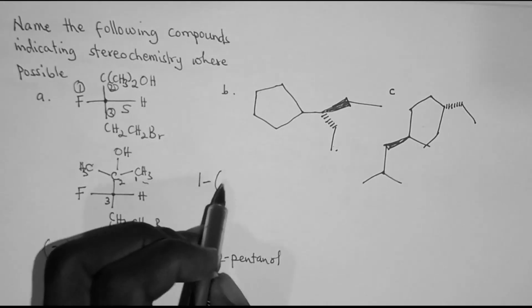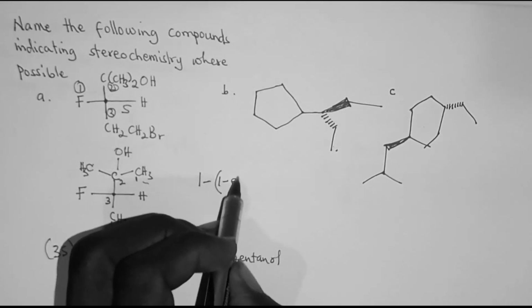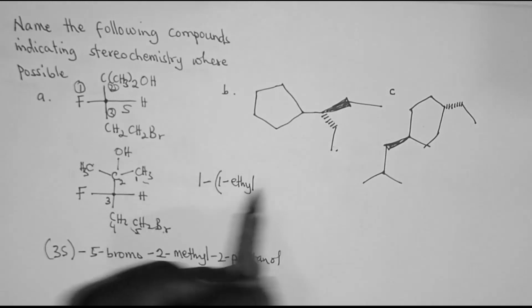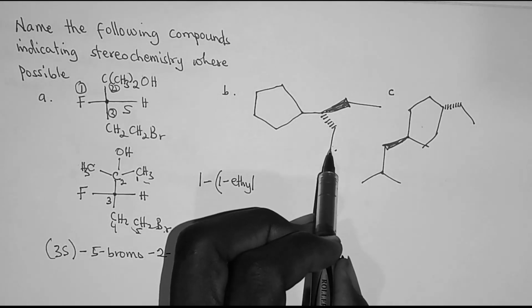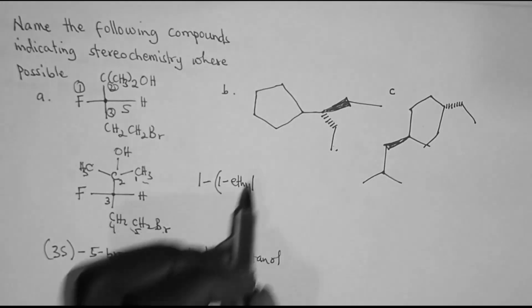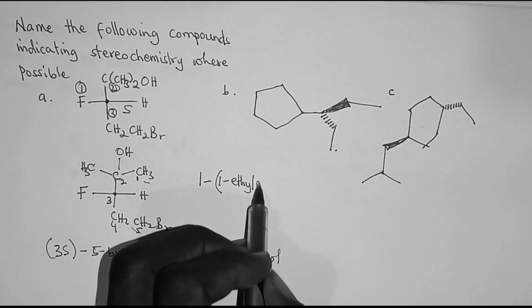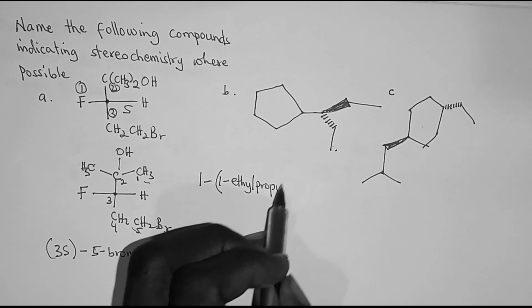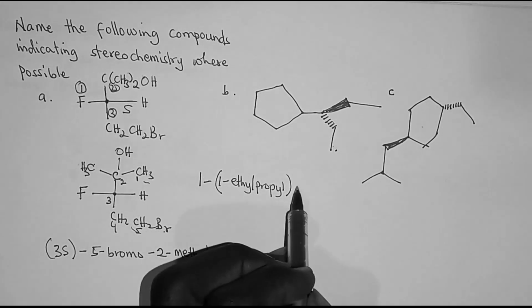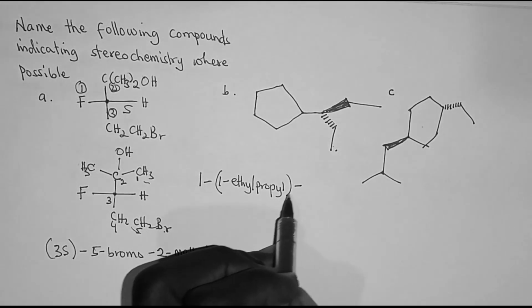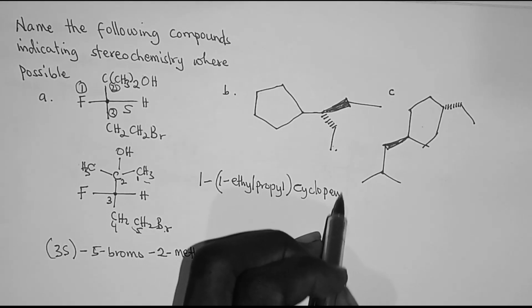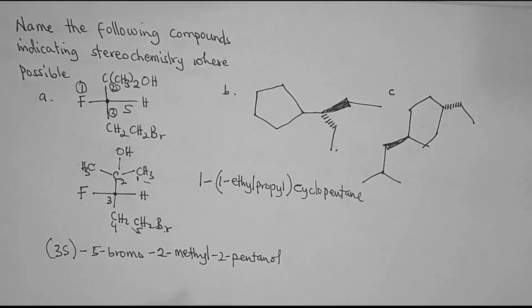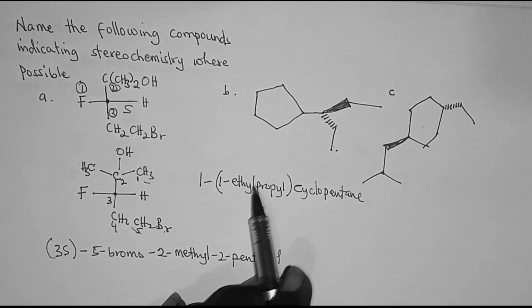So this ethyl is on carbon number 1. So 1-ethyl. Then there is a propyl group here. 1, 2, 3. So this is a propyl. So 1-ethylpropyl. Then it is on a cyclopentane. So cyclopentane. So this is the name of this compound.